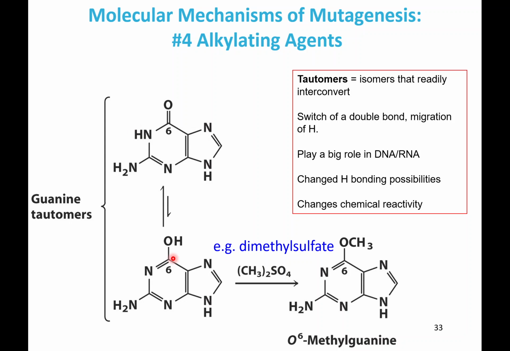But there will be a small amount of this tautomer around in DNA, and if you have an agent like dimethyl sulfate there, it will methylate that OH group, and then it forms this, which can no longer go back to the main form of that isomer of guanine. Okay, so it's changed. This is O6 methyl guanine, and when that happens, the H bonding characteristics are going to be different.